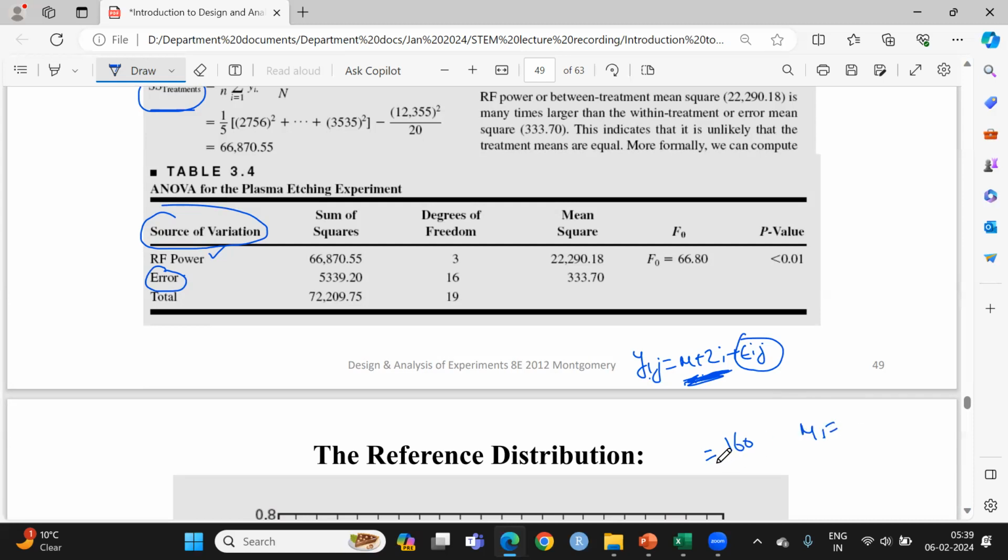That means the average corresponding to the values got from this level is mu1, right? So we are saying that mu1 is defined as mu plus tau 1, and whatever value of Yij we got corresponding to this mu1, we write it down accordingly.